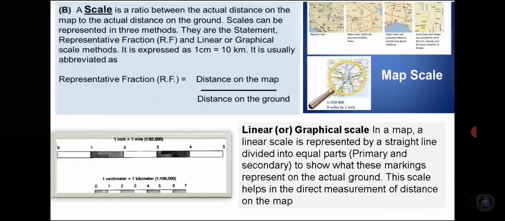It is expressed as 1 centimeter to 10 kilometers. Linear or graphical scale: a linear scale is represented by a straight line divided into equal parts, that is primary and secondary. It shows what each marking represents on the actual ground. The scale helps in the direct measurement of distance on the map.